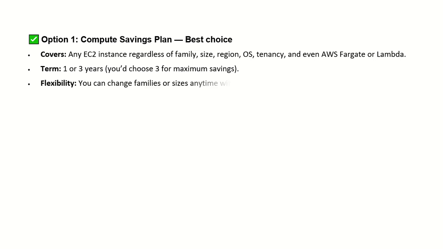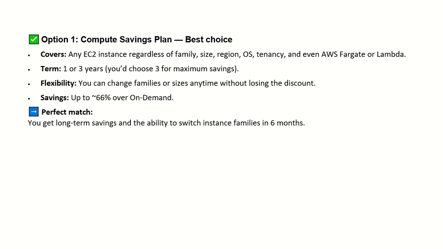It has flexibility: you can change families or size anytime without losing the discount, and it has savings up to 66% over on-demand. So it is a perfect match. You get long-term savings and the ability to switch instance families in 6 months.